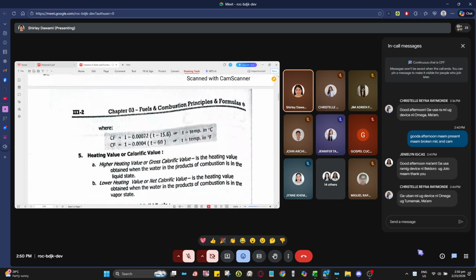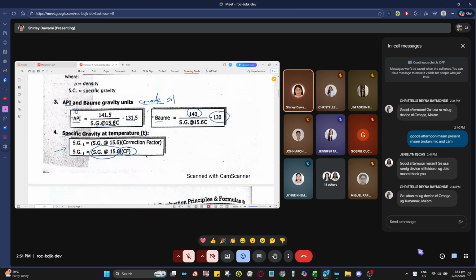And correction factor is equal to 1 minus 0.00072 times the given temperature minus 15.6. Okay, that is in degrees Celsius. Then another value for degrees Fahrenheit. So mao na itong gamiton nga formula if the SG at 15.6 is not given in the problem.